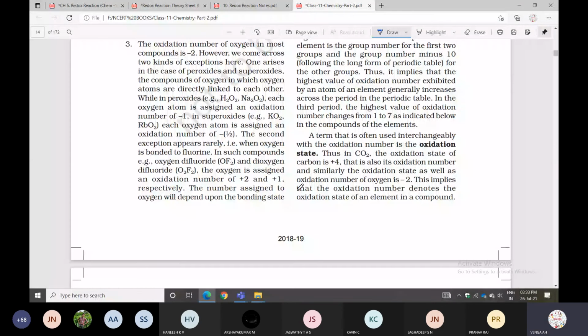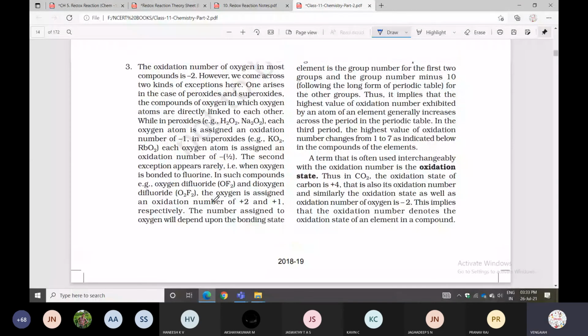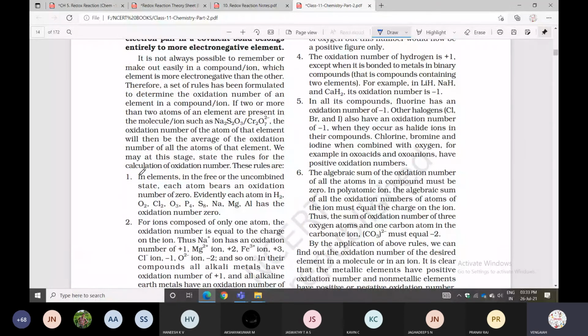Look at here, first rule. An element in the free or uncombined state has oxidation number 0. Examples they gave: H2, O2, Cl2, O3, P4, S8, Na, Ag, Mg, Al. All of these have oxidation number 0.